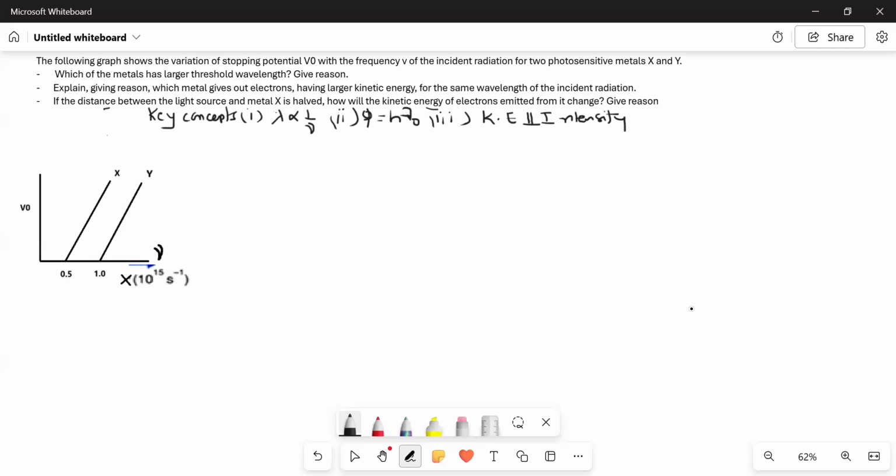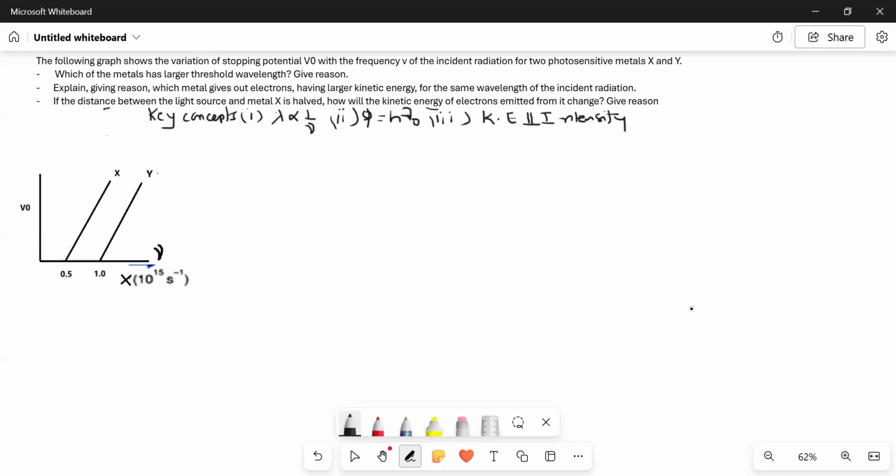So now the first question, which of the metals has larger threshold wavelength? These are the two metals X and Y, and the graph is showing the variation between stopping potential and the frequency. Now, the threshold frequency of metal X is 0.5 into 10 to the power 15, whereas the threshold frequency of metal Y is 1 into 10 to the power 15.